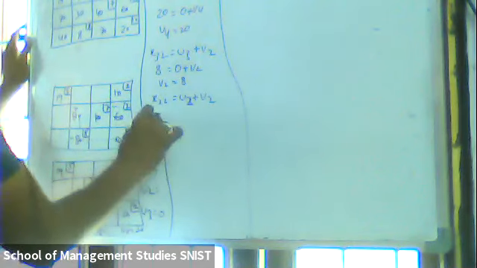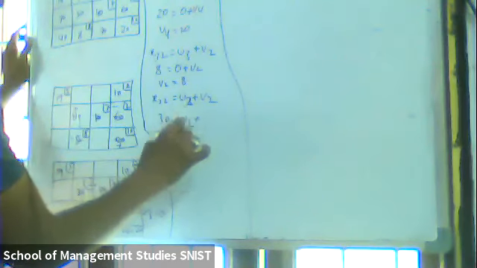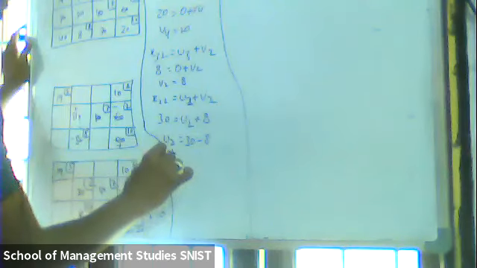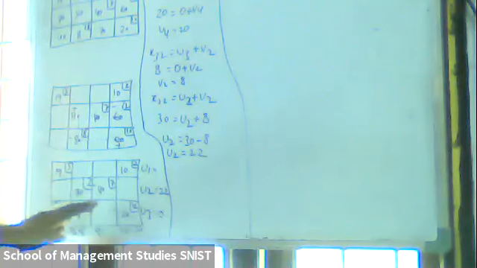So x22 value is 30. So u2 plus v2 is 30, and v2 is 8, so u2 equals 30 minus 8. So u2 equals 22. Yes, u2 equals 22, sir, right? Now you got this, then you can find this one, right?